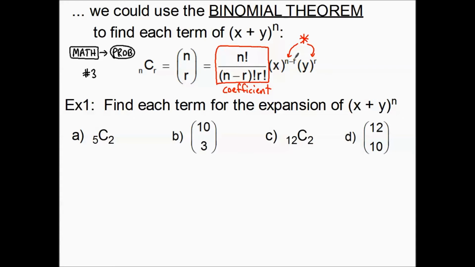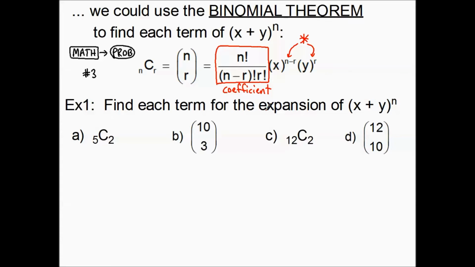N minus r will be the exponent of your first variable, x in this case. And r, which is just this bottom number or this right number, will be the exponent for your second variable, which is y. So that's your binomial theorem, and it will find a specific term.